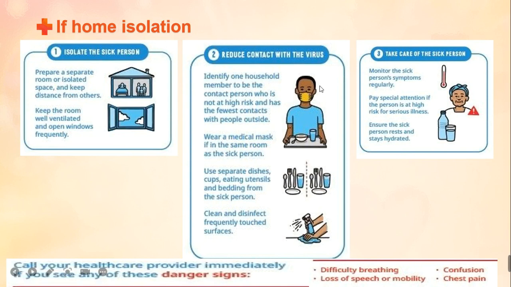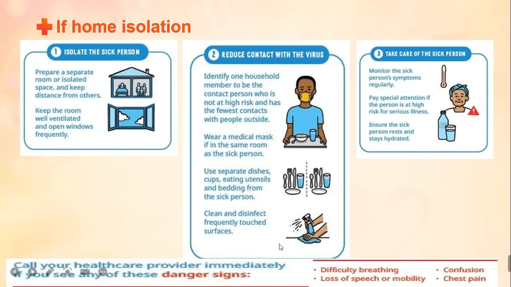You have to use utensils, plates or things only for you, and try to clean them by yourself if possible, and frequently open the windows for proper ventilation, and like I said, food, medications and so on. And if you have COVID-19 and are doing home quarantine, make sure that you clean your home very frequently, and it should be sanitized.